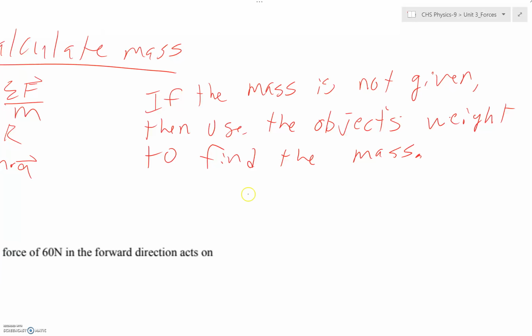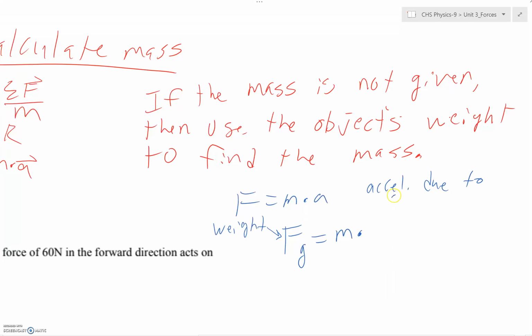If we're using this equation, force equals mass times acceleration, Newton's second law, we can make this match a more specific situation that comes up quite frequently. If we say that the force we're talking about is the force due to gravity, which again is weight, the weight is going to equal the mass times the acceleration due to gravity.